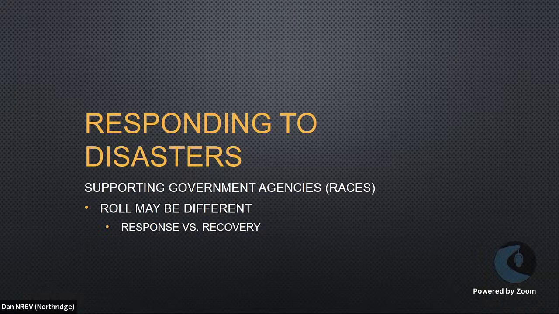In the case of my ACS group, we would likely have some folks stationed in the EOC, and we would have others out in the field providing field situation reports to help with the response to the incident, as opposed to a Red Cross worker who's basically in the shelter and working to help folks recover.